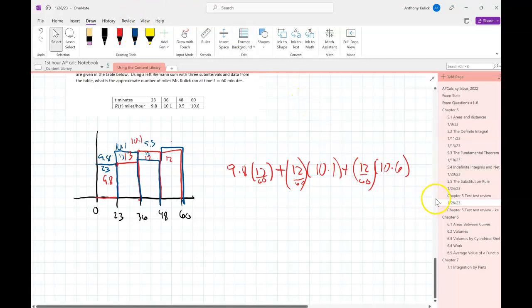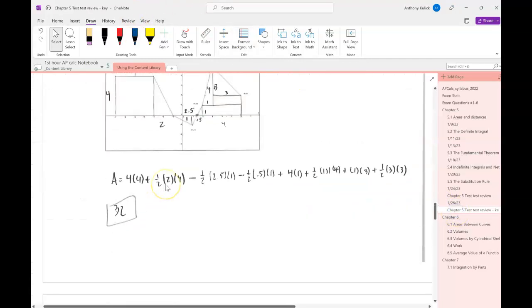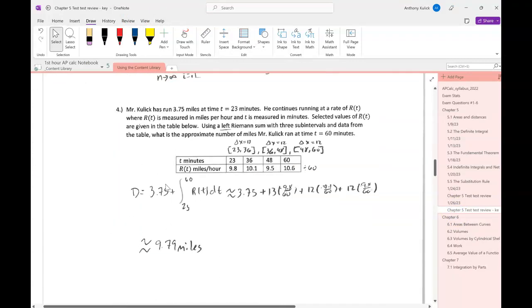Did I do a good job of that on the review key when I did that one? Oh, so I kept everything in minutes and turned the miles per hour into miles per minute or whatever. That's fine.